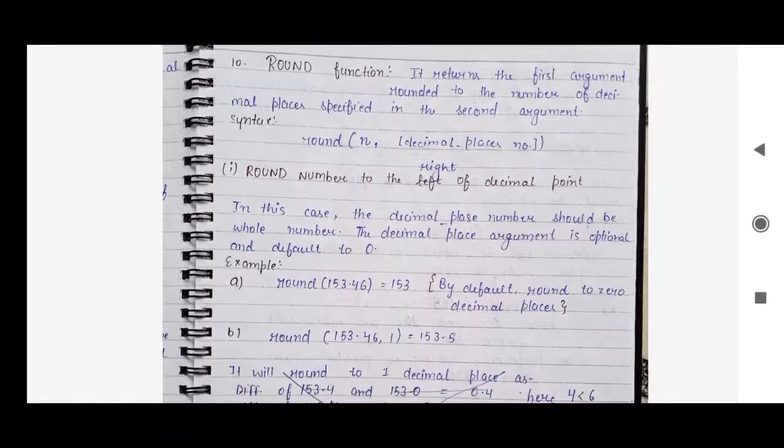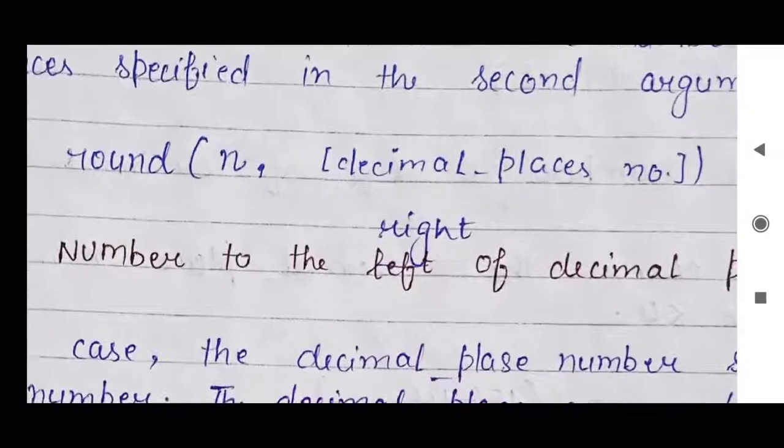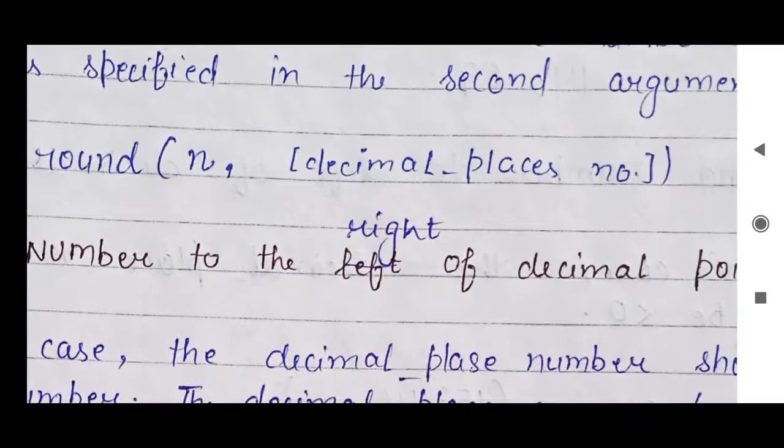For example, if we have some value that consists of 5 numbers after the decimal point, but we want that number to have only 2 numbers after the decimal point, we can do this with the help of this round function by specifying the number as the first argument and the decimal places that we want after this comma.